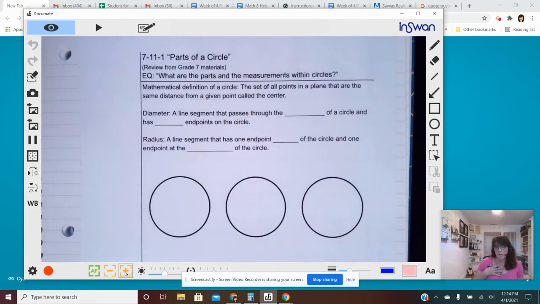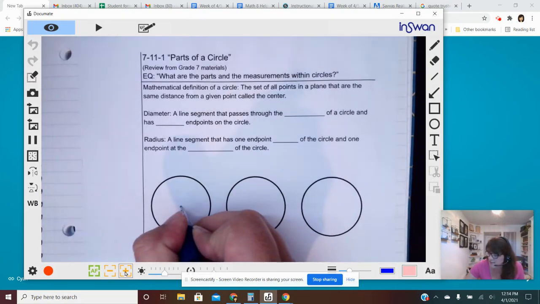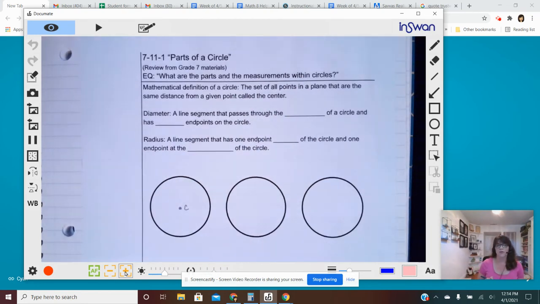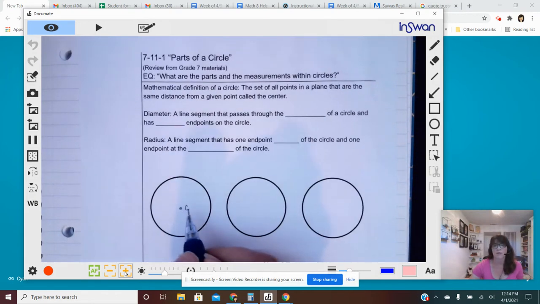So for our purposes, I'm not going to measure exactly. If I say it's the center, it's the center. And I often mark the center as C, but it could be any variable. You're just labeling. Okay, so there's my center.